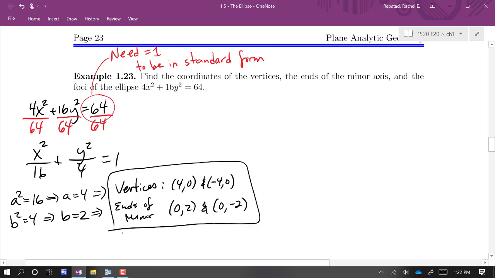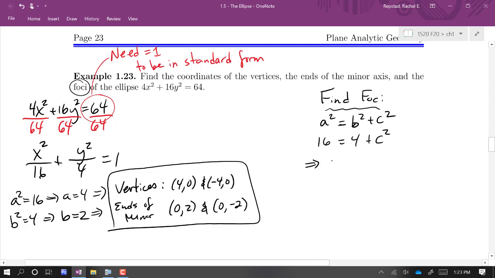And then the only thing left to find are the foci. They asked us to find the foci, so we need to get c. A squared is b squared plus c squared. So 16 is 4 plus c squared. That means that c squared is 12.